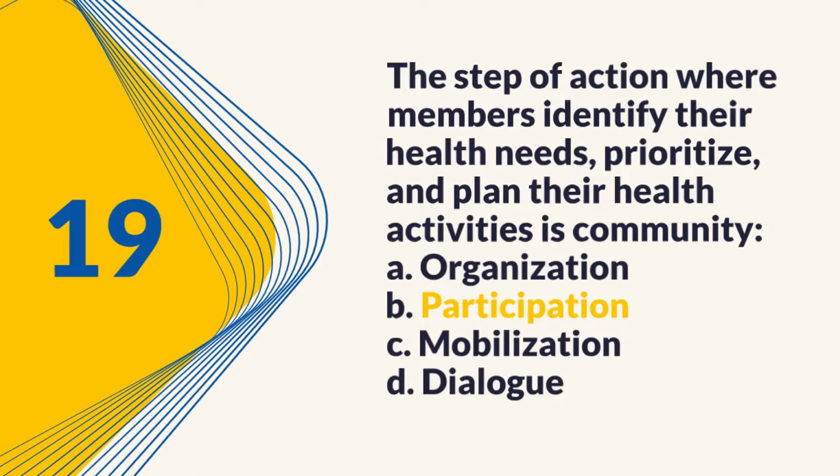Alright, let's clarify this. Community participation involves members actively identifying their health needs, prioritizing them, and planning appropriate activities. This participatory approach ensures that health interventions are relevant and supported by the community, leading to better outcomes. So, the correct answer is B, participation.